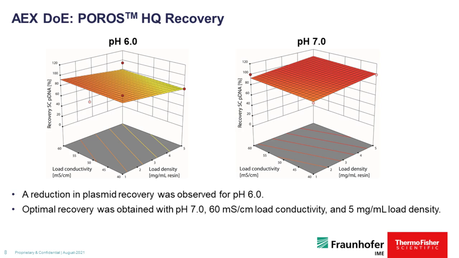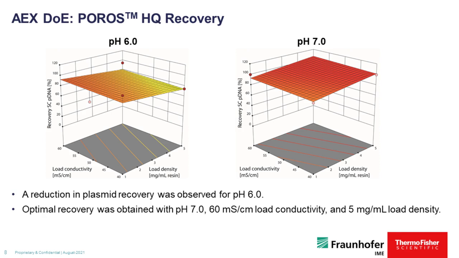Jumping into the first set of results, this slide shows the results for the DOE study of the HQ resin, and we looked at the two different pHs, so pH 6 is shown on the left and 7 is shown on the right. What we found was that lower recoveries were observed at pH 6, in which we observed less than 100% recoveries, but we could increase the recovery as a function of load conductivity and also decreasing the load density, in which the maximum recovery was obtained at 60 millisiemens per centimeter and 1 mg per ml low density.